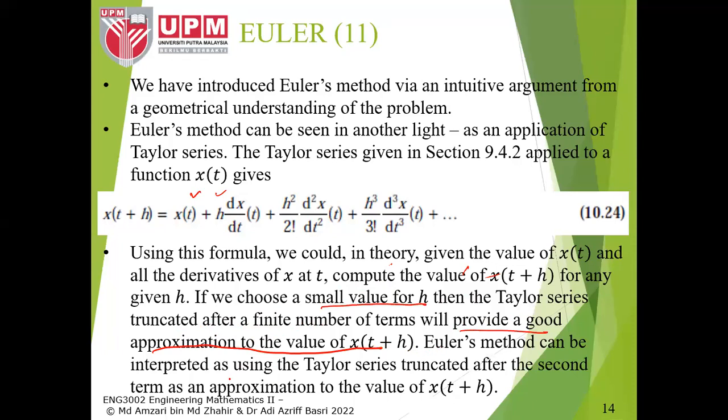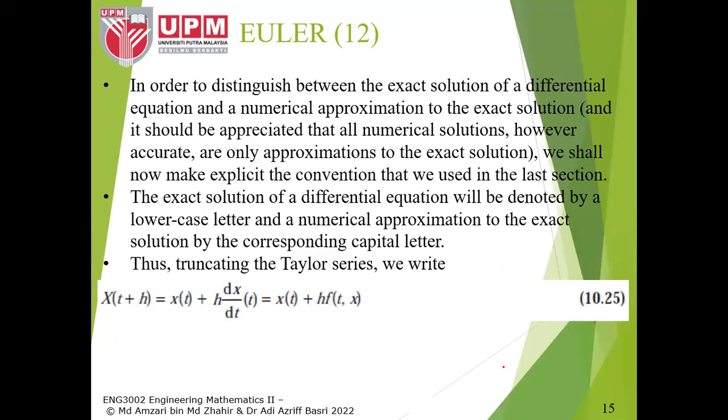So the Euler method can be interpreted as the Taylor series truncated after the second term, approximating x(t plus h). In order to distinguish between the exact solution of a differential equation and the numerical approximation to the exact solution, it should be appreciated that all numerical solutions, however accurate, are only approximate to the exact solution. We shall now make explicit the conventions that we use in the last section. So the exact solution of the differential equation will be denoted in lowercase letters.